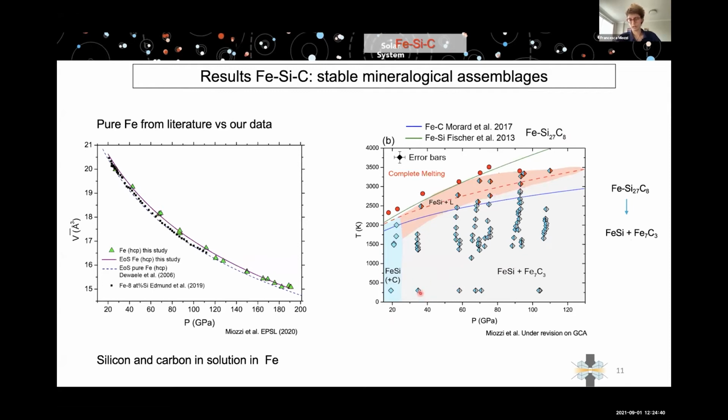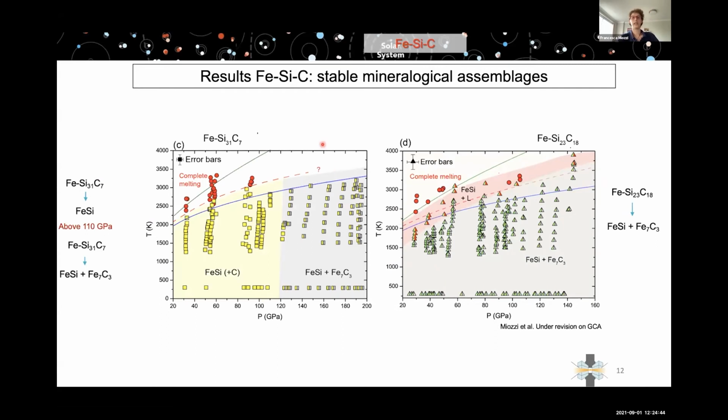If we move on and we increase the silicon content and decrease the carbon content by 1 atomic percent, it's extremely interesting because we see that in this case, we have an FeSi phase stable as the only phase up to 110 GPa, meaning that all the carbon should be in solution in the structure.